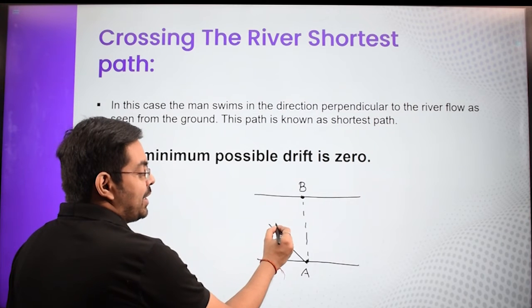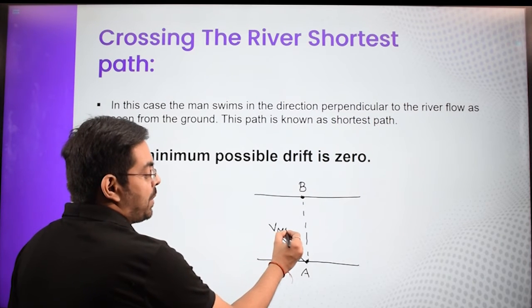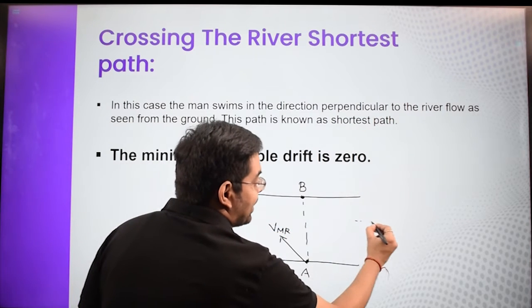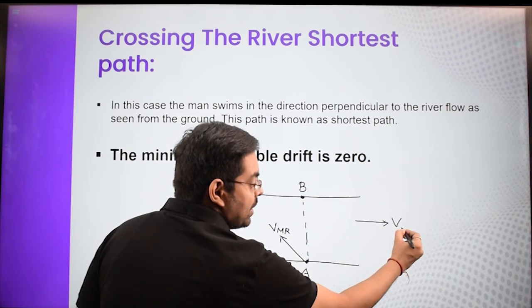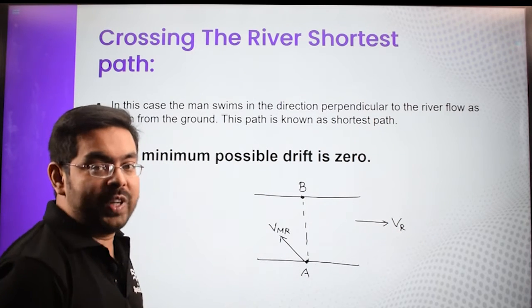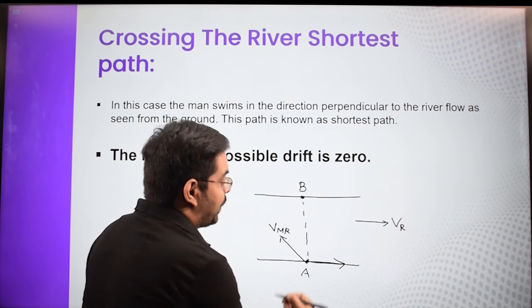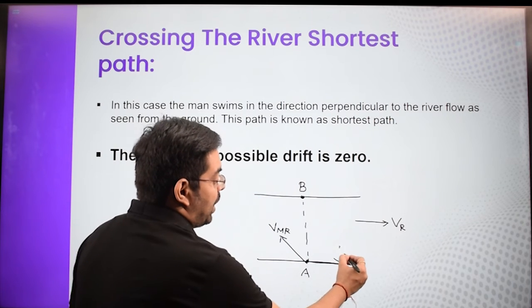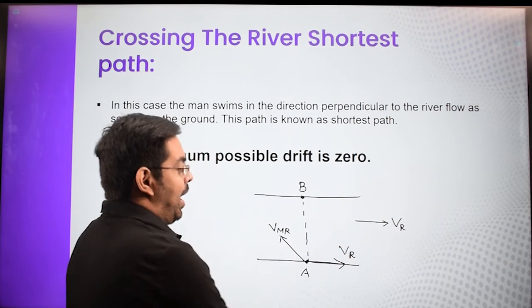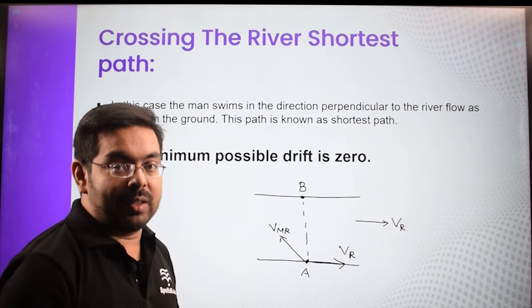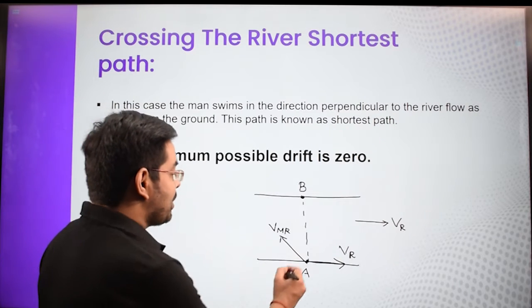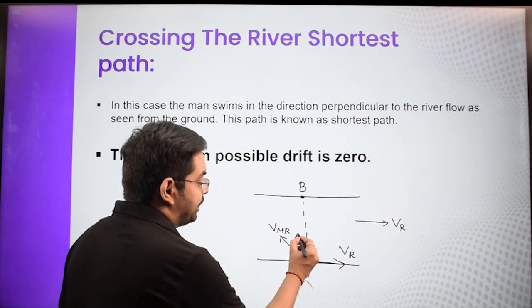Suppose this velocity of the man is with respect to the river, and since the river velocity Vr is in the right direction, this velocity will also combine with the man's velocity. So this Vr will also be taking the man in the right direction. Suppose this angle is phi.